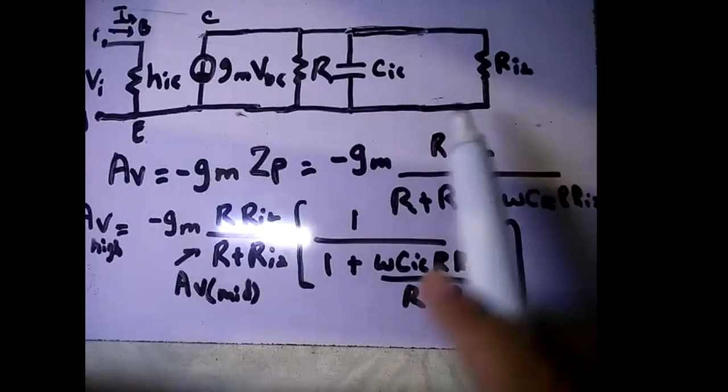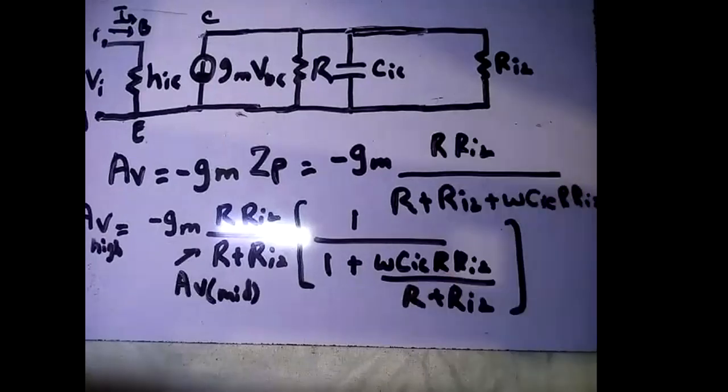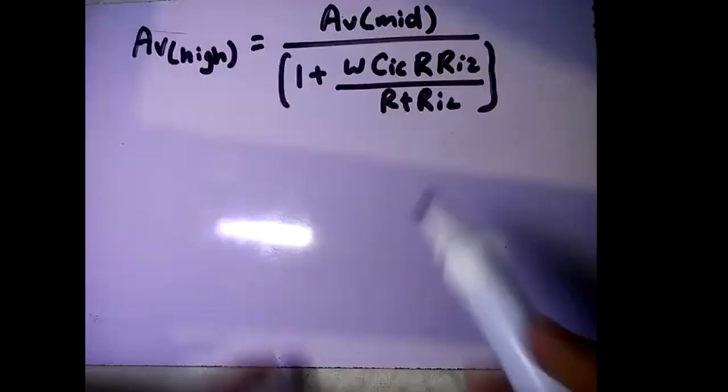CIE is the internal capacitance of the transistor, which is a multiplication factor of all the reactances of the capacitor. One capacitor is lying between the base and the emitter, the other capacitor is lying between the base and the collector. So it is a combination of all these reactances which we have calculated in a previous lecture of Miller effect. Now this is the relation.